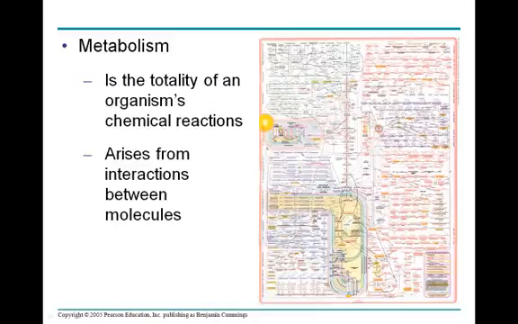What I really want you to understand from this map is certainly not the details, but to appreciate the complexity of what goes on inside a cell. Metabolism encompasses all of these different chemical reactions. And indeed, molecules from one reaction ultimately feed into another reaction, as you can see from all of the different arrows and lines across the map.